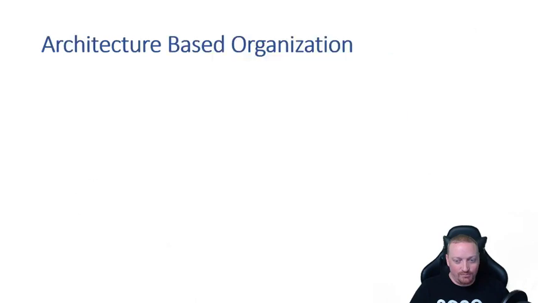So let's talk first and foremost, just set the stage here for what are the more common ways that enterprise organizations organize their teams. The more common one that I think is out there, I see this even in agile organizations, is this siloing of the teams based upon the skill or the architecture, right?